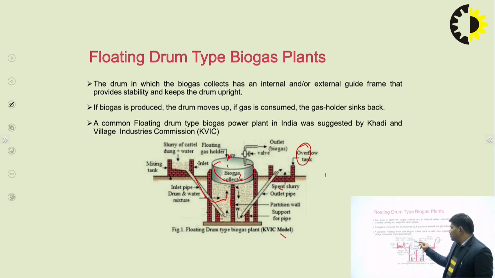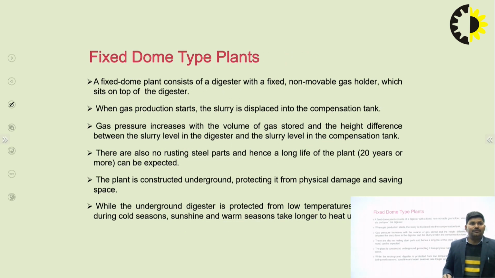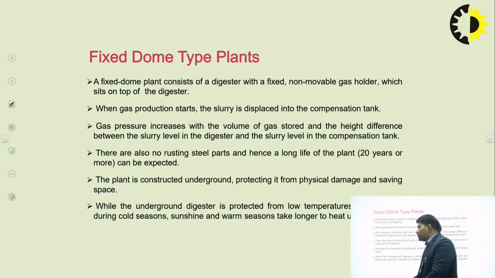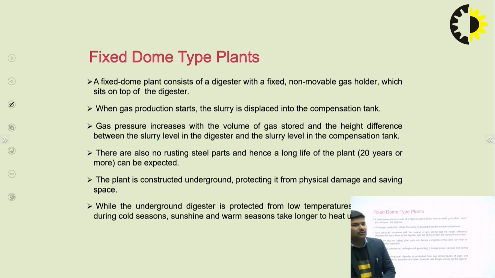These holders float accordingly. If the gas is full inside the biogas collectors, you can open the valve and the outlet comes here, and after opening you can use these gases for the particular application as per requirement.